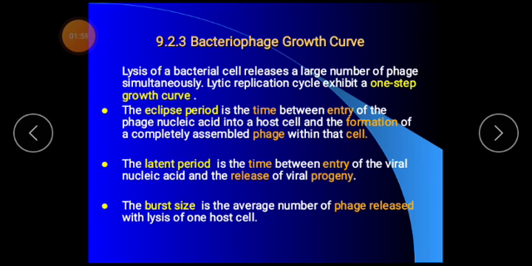So from the first stage where the phage binds on the host cell, releases its nucleic acid into the host, until the stage where assembly is completed, is what we call the eclipse period.